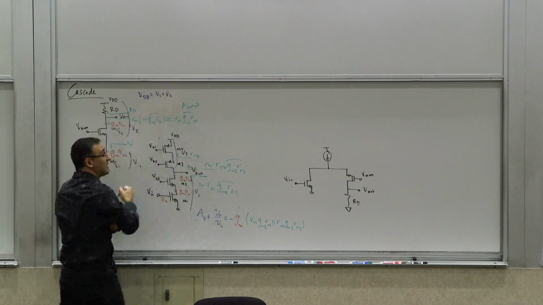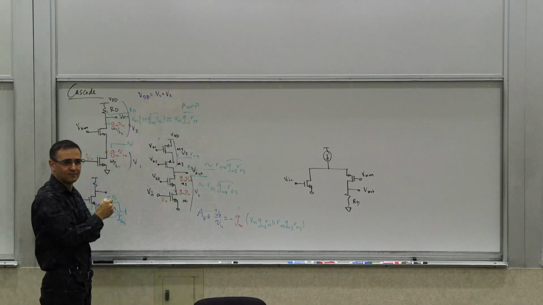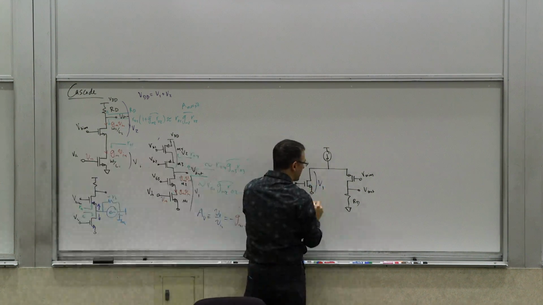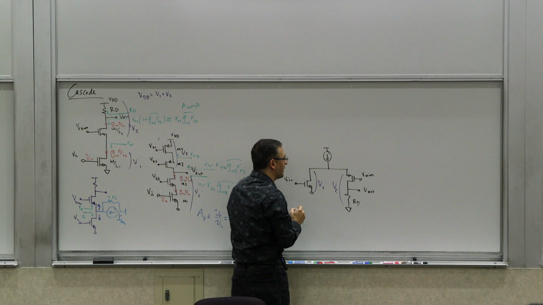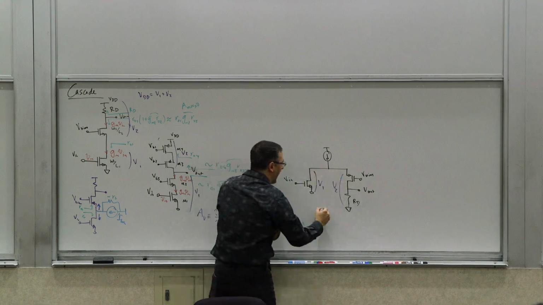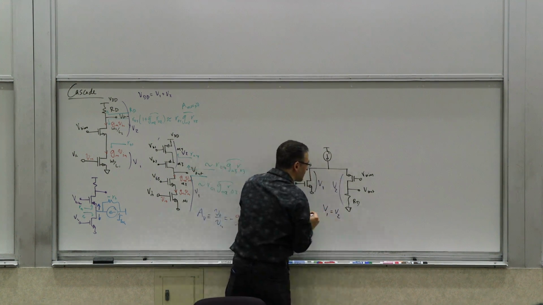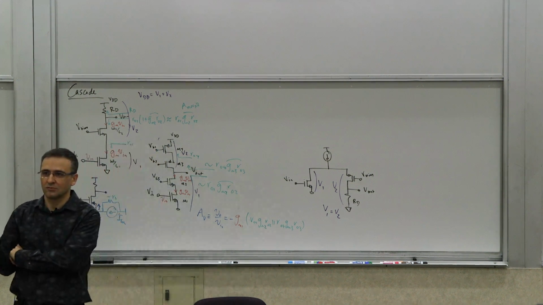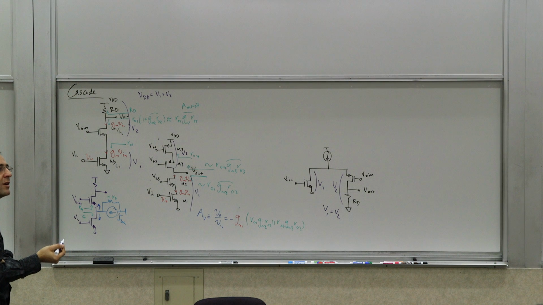So V1 plus V2 was VDD; it had to cover the entire VDD. Here, though, you have a V1 here and a V2 here. So according to this, V1 is equal to V2, but it can be smaller than what you get from the VDD. So you have more headroom this way.